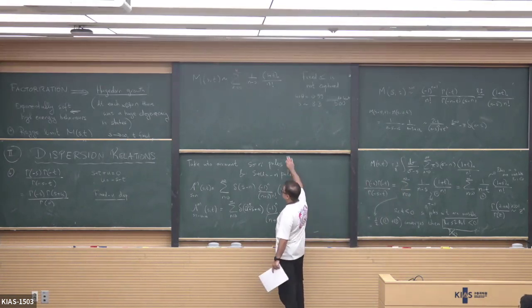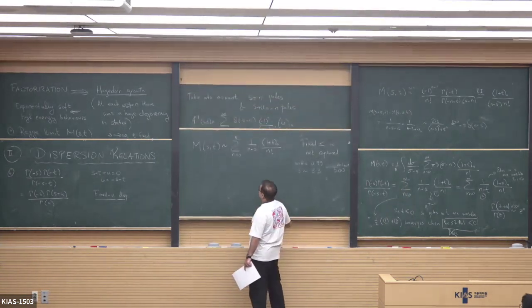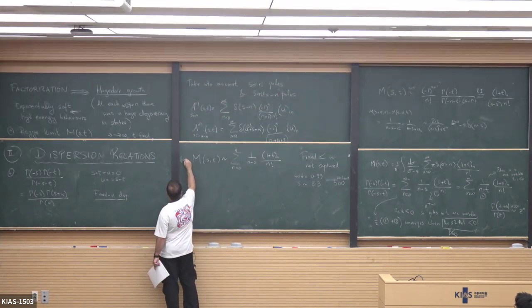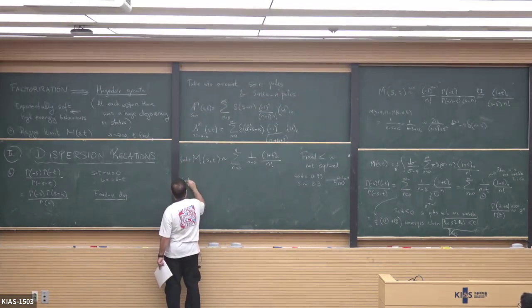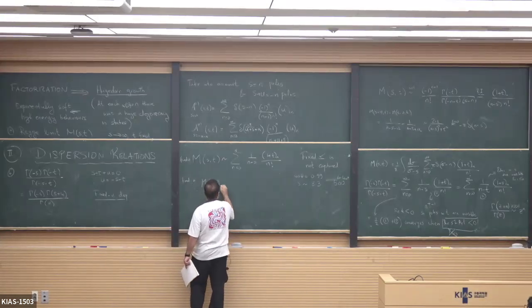So that gives me a new representation, the fixed u. So this one was the fixed t. And now you have the fixed u. So let's write it out.